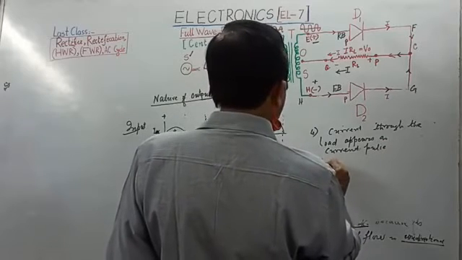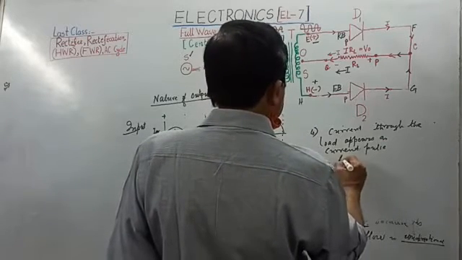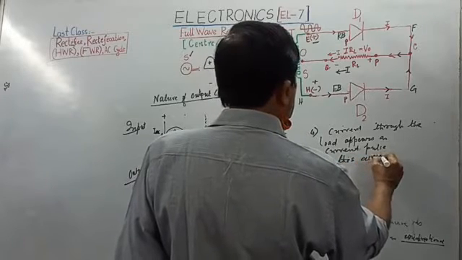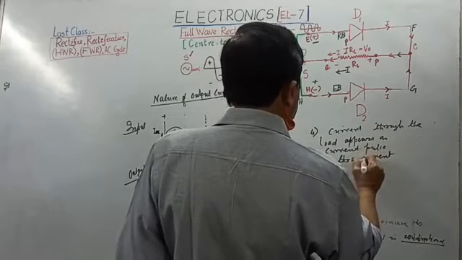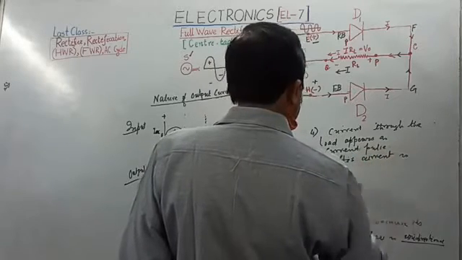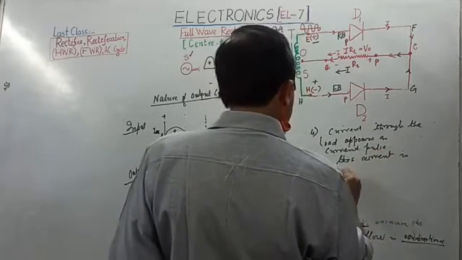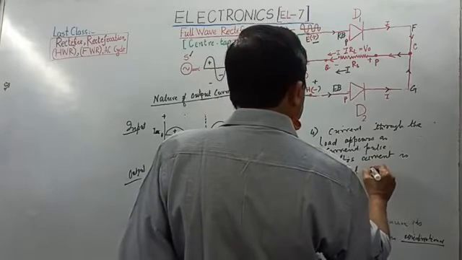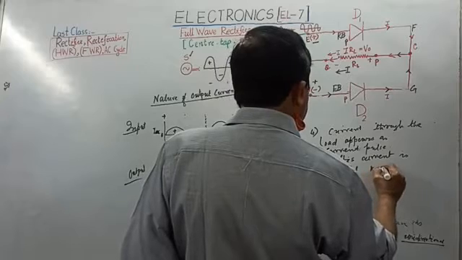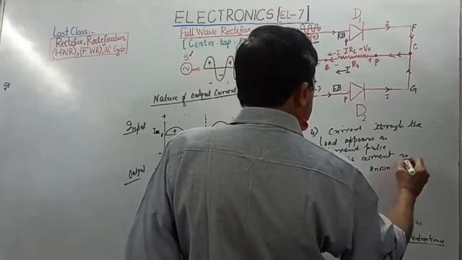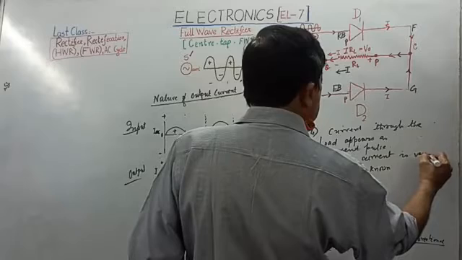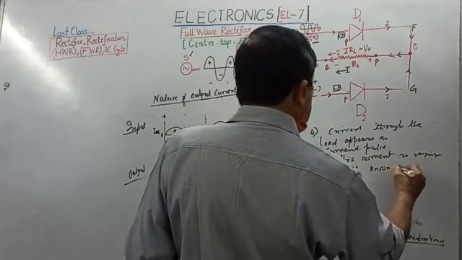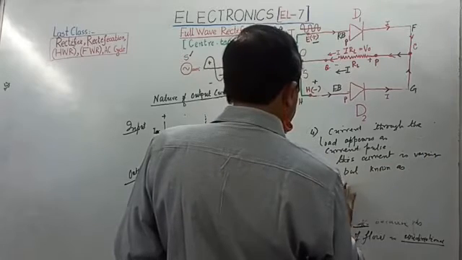So this current is DC, a varying DC, but known as pulsating DC.